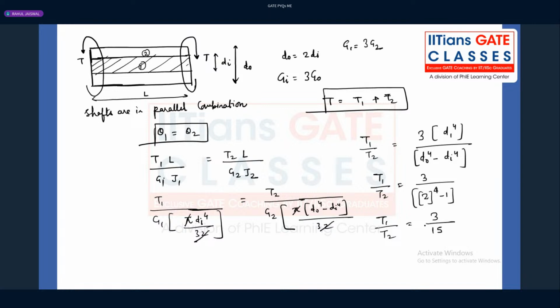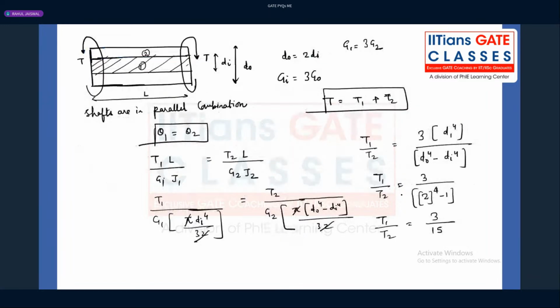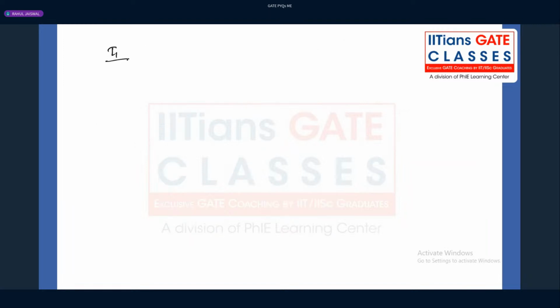Now once we have T1 by T2, what is the next task, guys? What we need to calculate is shear stress. Shear stress in shaft 1 to the shear stress in shaft 2. So now we can take tau 1 divided by tau 2, which is 16 T1 divided by pi di cube, over tau 2. We know that tau 2 is T2 into R2 divided by J2.